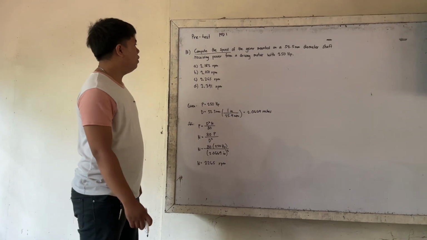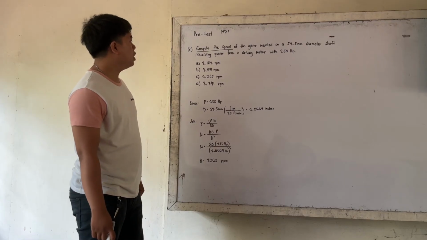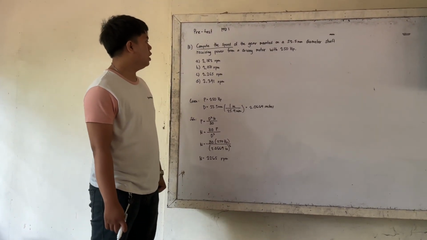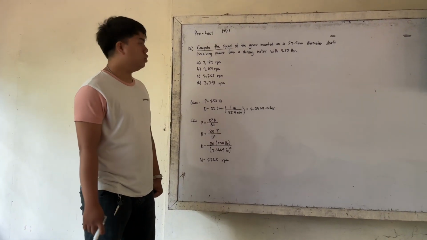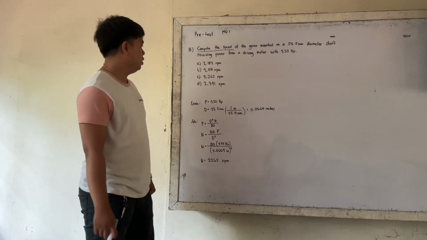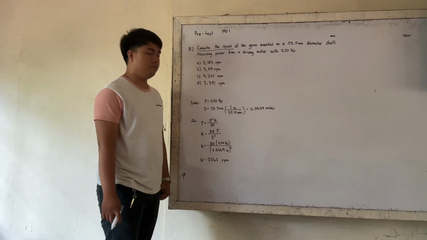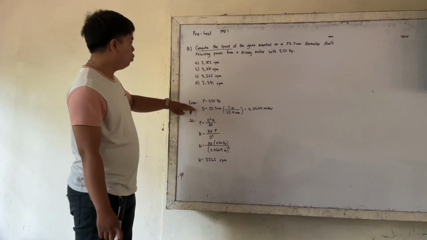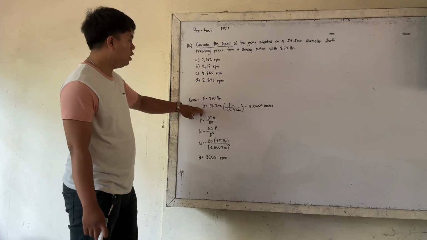So, we have the given A is 2,182 RPM, B 2,071 RPM, C 2,265 RPM, or D 2,341 RPM.